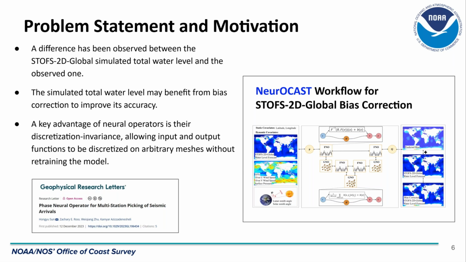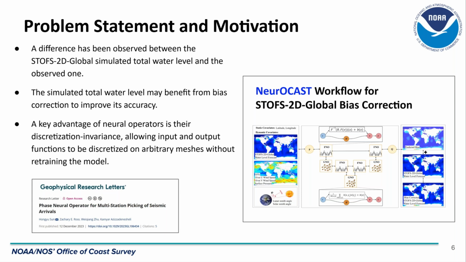If you train your model at 30-meter resolution, you can use the same model for 20-meter resolution or coarser resolution. So, inspired by this study, we developed NeuroCast, which leverages neural operators and is able to learn the spatial-temporal pattern of the data. Here you can see in this figure the NeuroCast workflow for STOFS-2D-Global bias correction.